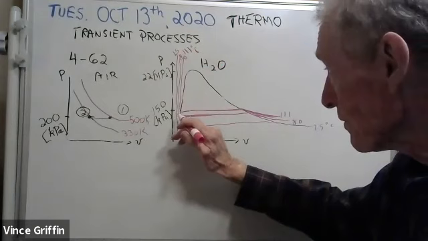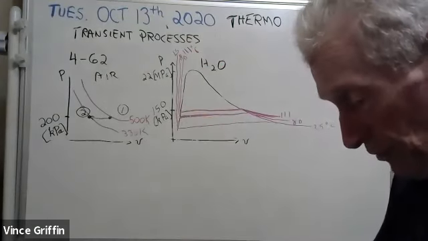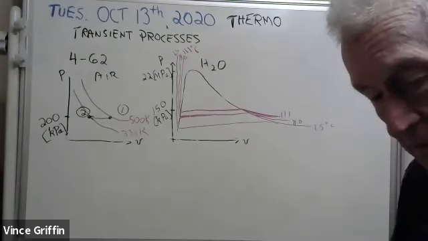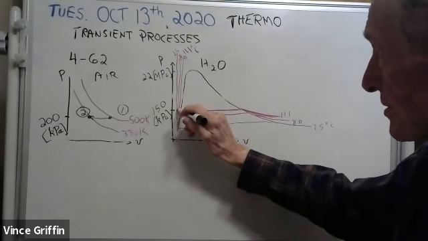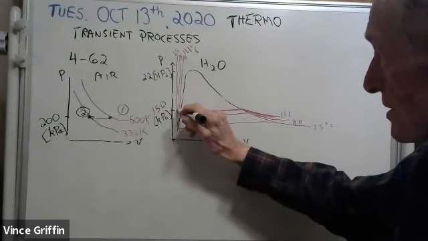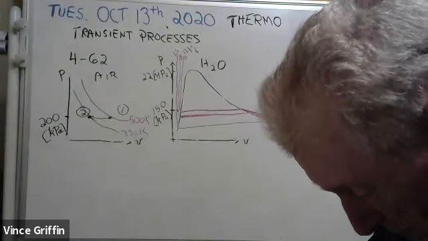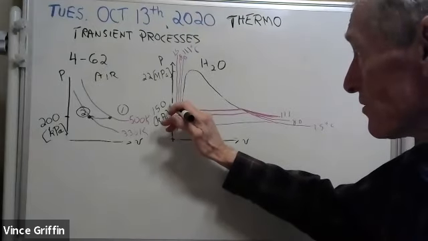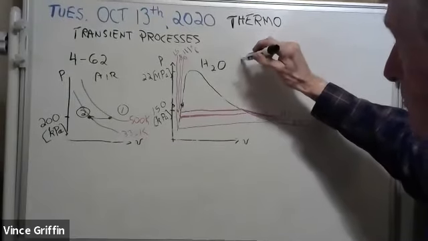I tell you what we're doing. We're going from here to here. It's a little bitty process. You don't need to use black for that. There it is. There's your process. There's 3 to 4. State 3, state 4.